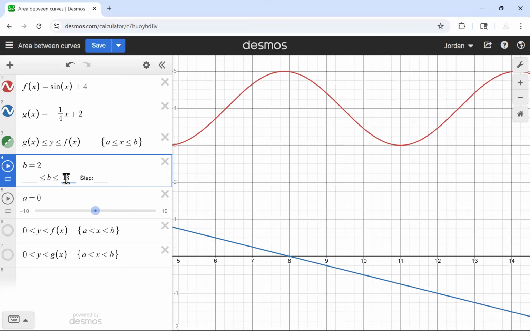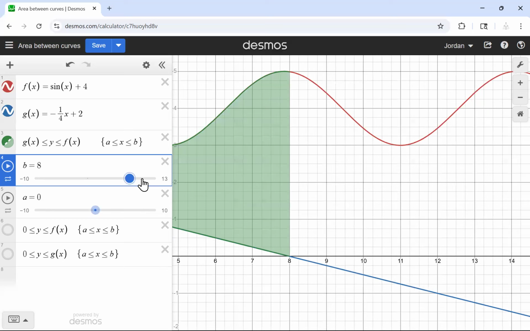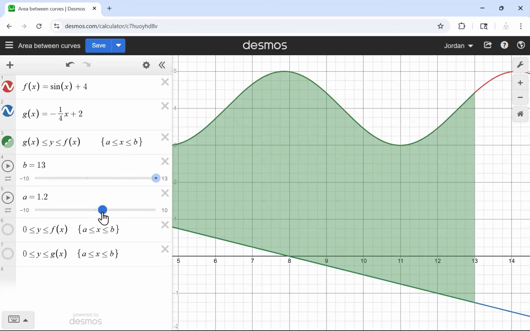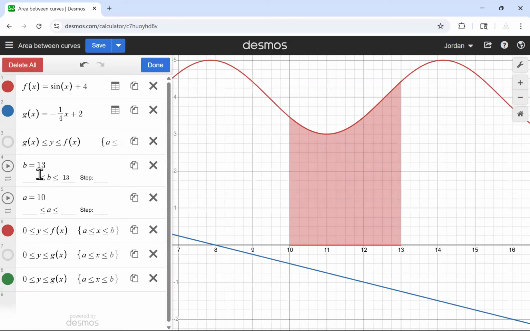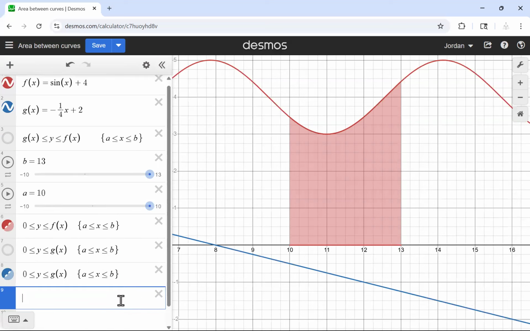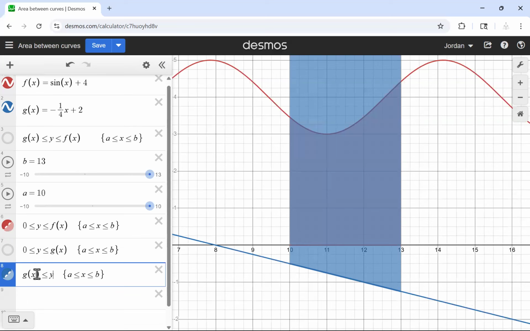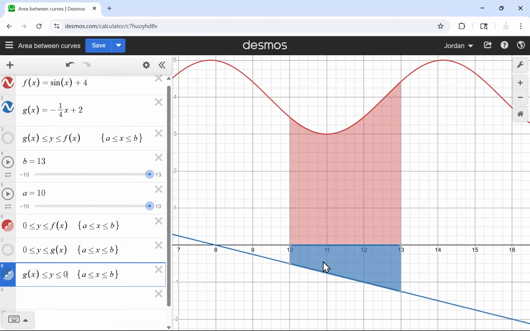For instance, what would happen in this case, where I'm going from, let's say, 10 to 13, is that the signed area for f of x would be up here, and the signed area for g of x, and I'm going to switch that to blue again, is a negative area.